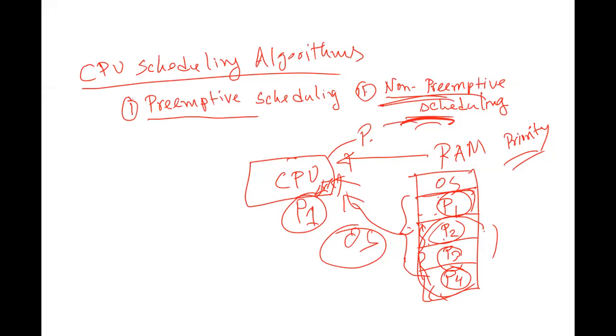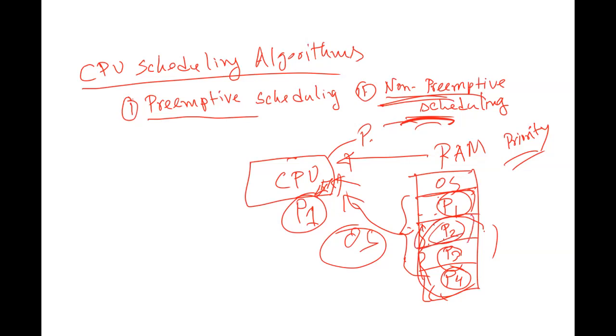Okay, from this naming you can understand why it is non-preemptive and why it is preemptive. Preemptive means that your CPU can forcefully stop a process from its running state, of course when a higher priority process comes inside the RAM.